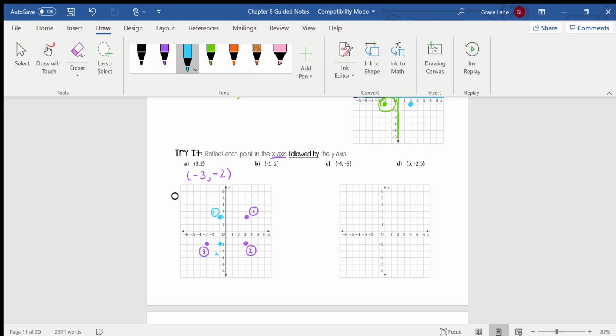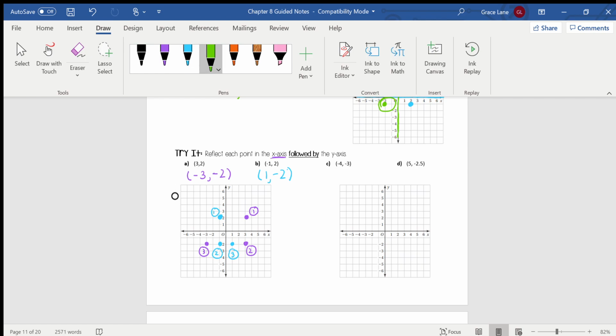I did my first reflection here. And now I'm going to my last reflection over the y-axis, so flip it across the y-axis. It'll be right here. And if you look, that is over 1, down 2 places, so it would be -2. Okay.